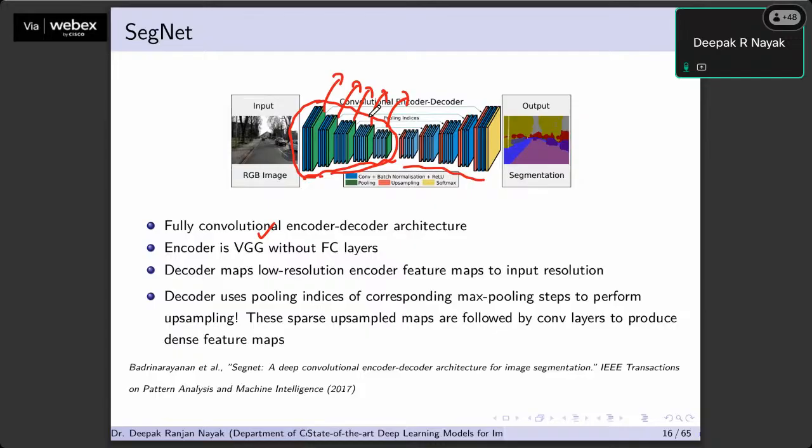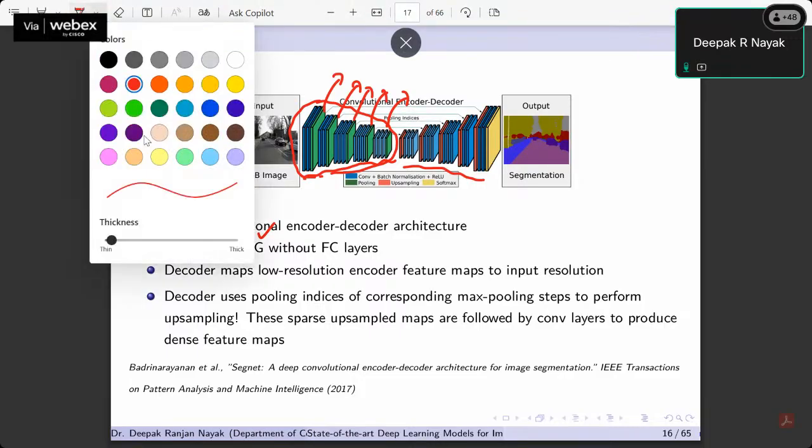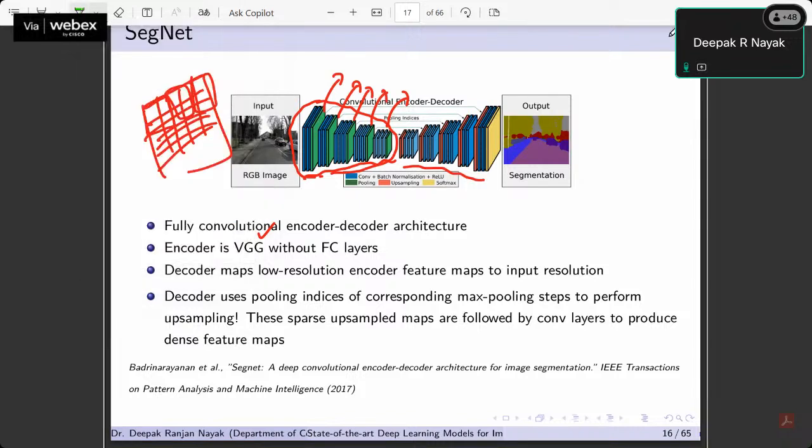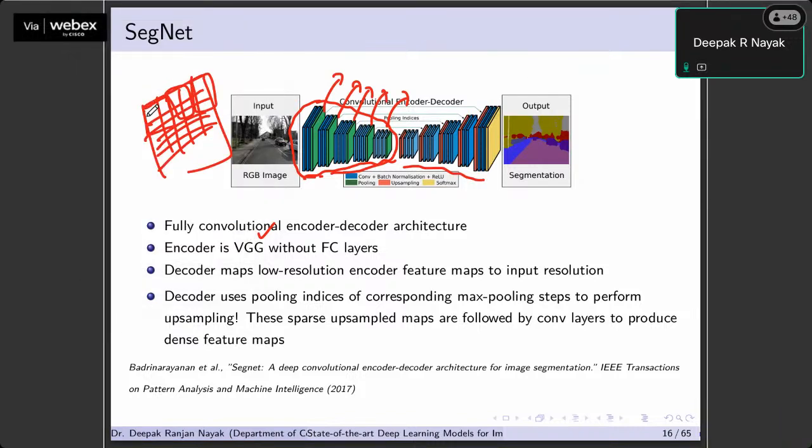What does it mean? What do you mean by winning pooling indices? Let's say you are applying 2x2 pooling operations over this image, like this. While applying max pooling, this pixel was having the highest value, and you just store its index.